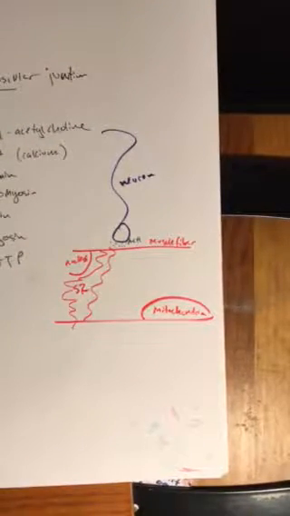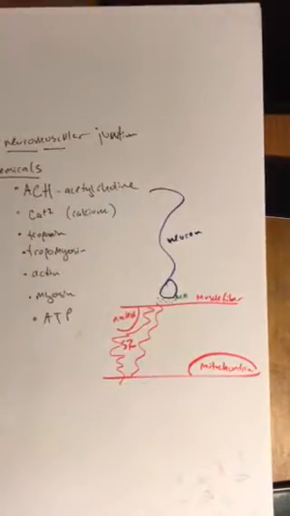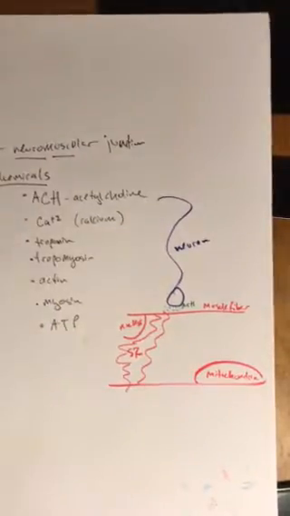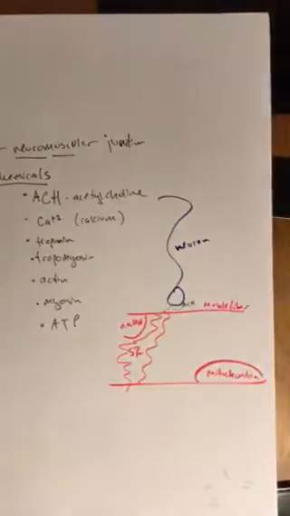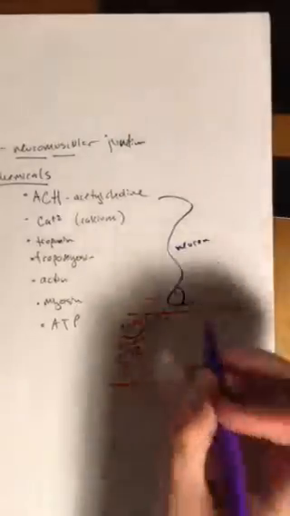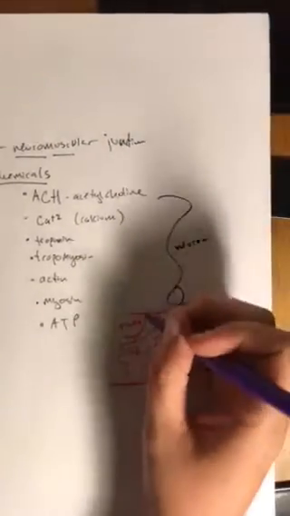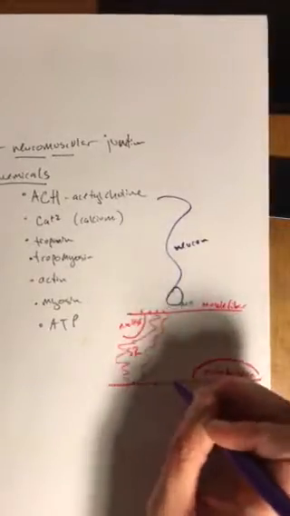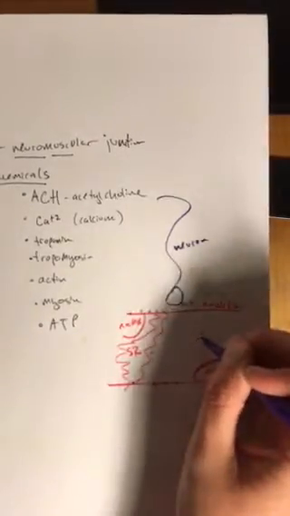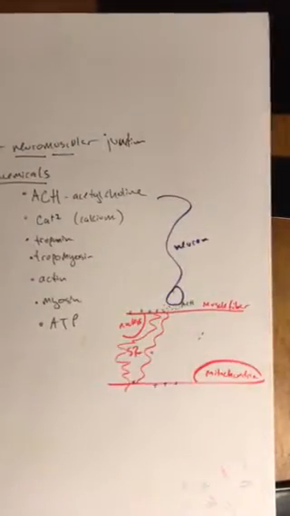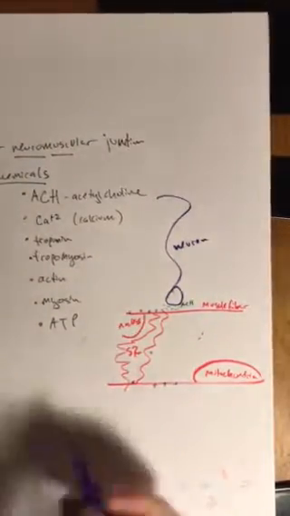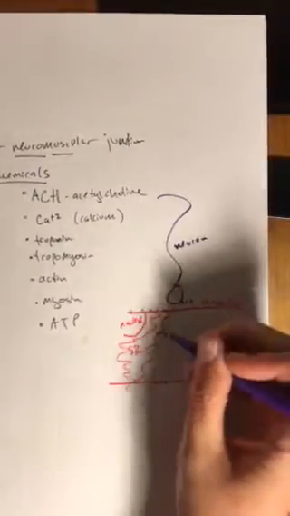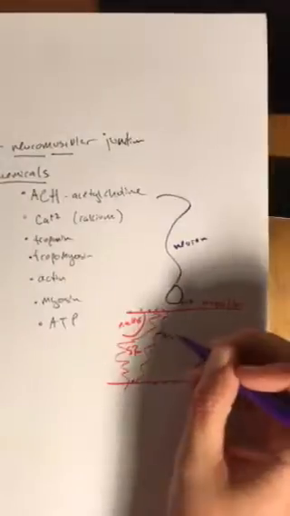So what does ACH do? Step one in creating a muscle contraction is the release of ACH onto the muscle fiber. That kind of wakes up the muscle fiber. It causes a shift in the entire muscle fiber, so the cover of it becomes charged, and that causes calcium to be released from the sarcoplasmic reticulum.